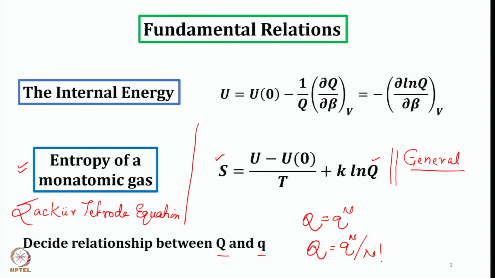That is different, but this is the general expression for the entropy, connecting entropy with internal energy and the canonical partition function. The relation of internal energy with the canonical partition function is also given in this slide.